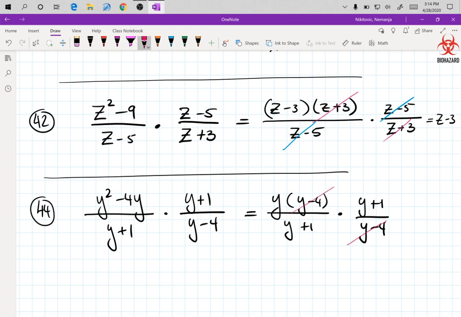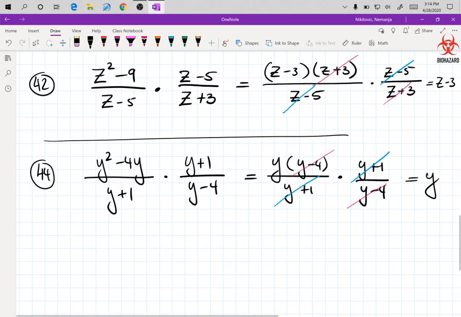Y minus 4 cancels, y plus 1 cancels, and the only thing that stays around is this single y, because everything else cancels into a 1. The reason why canceling works is because you are dividing a value by itself.